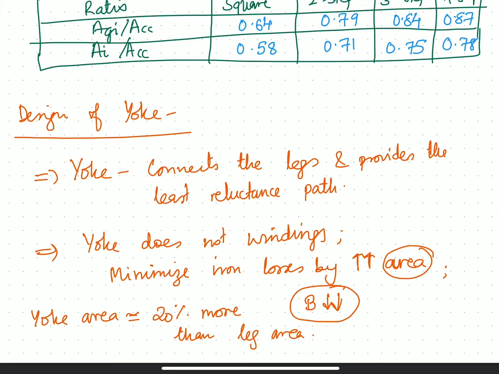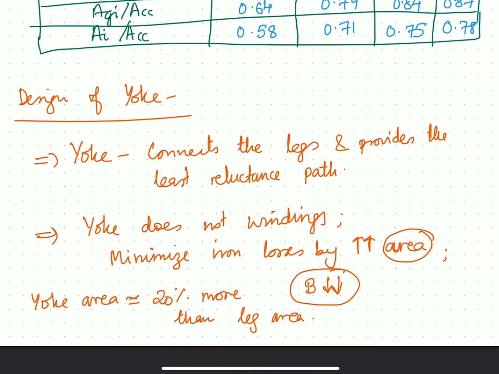So these yoke sections could be rectangular, they could be cruciform. So what do you mean by a rectangular yoke?